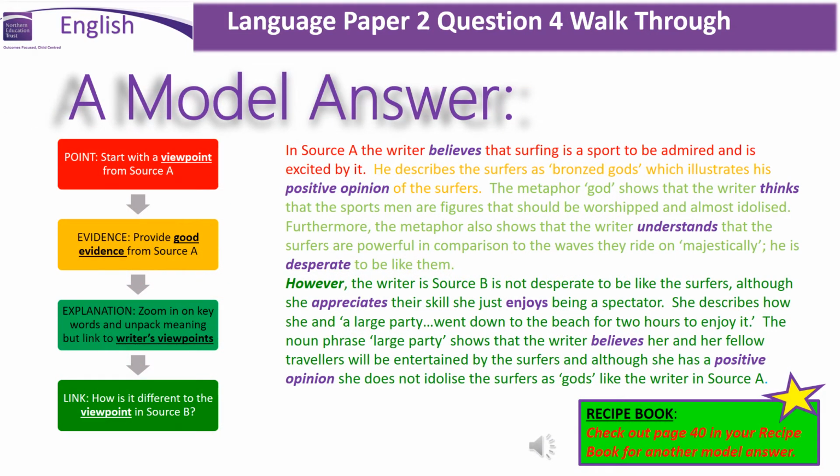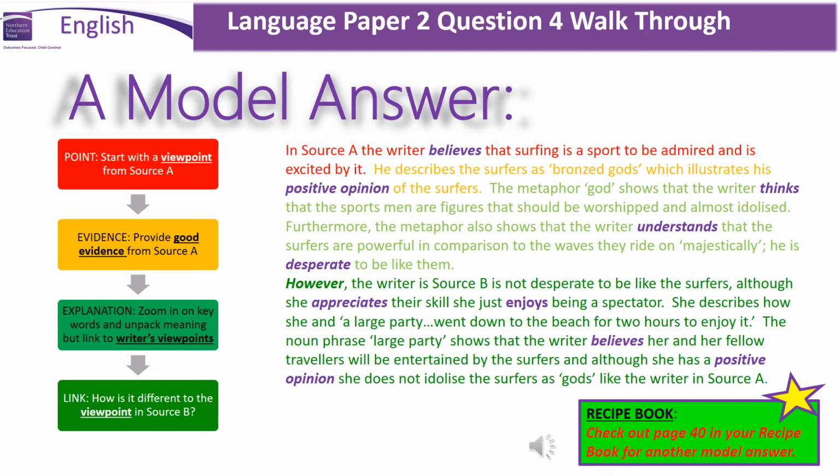So what you've got on this slide is a model answer to paper 2 question 4 using our peel structure. What I've also done is I've colour coded the different elements to match the peel structure so you can identify those easily. Now, the second thing that you should notice is that there are particular words or phrases that I've highlighted in bold and in purple.